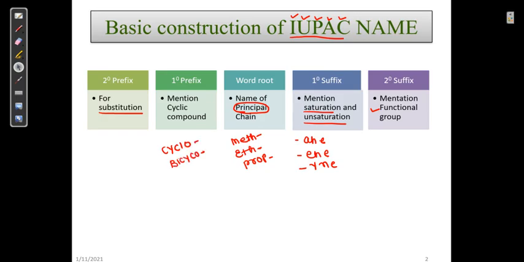So IUPAC has a total of 5 alphabets. Similarly, the IUPAC name will be complete after completion of these 5 components. Let us go ahead and see them one by one. First, we discuss the word root. Later on, we discuss the primary suffix, then the secondary suffix, then the secondary prefix and the primary prefix. In today's video, we will see that much only. So I have correlated our human names with the IUPAC name.